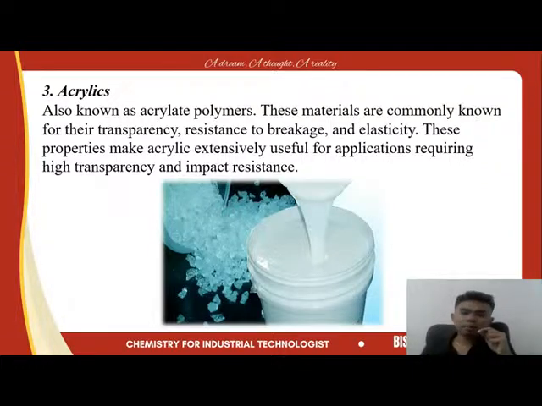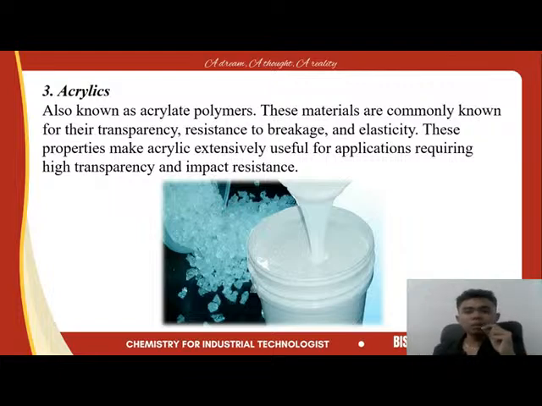Some of the common uses include acrylic nails, acrylic paints, LCD screens, and acrylic home decors. Another acrylic includes cyanoacrylate resins made into fast-acting adhesives such as super glue and pressure-sensitive adhesive. So, indeed, acrylics is very useful.